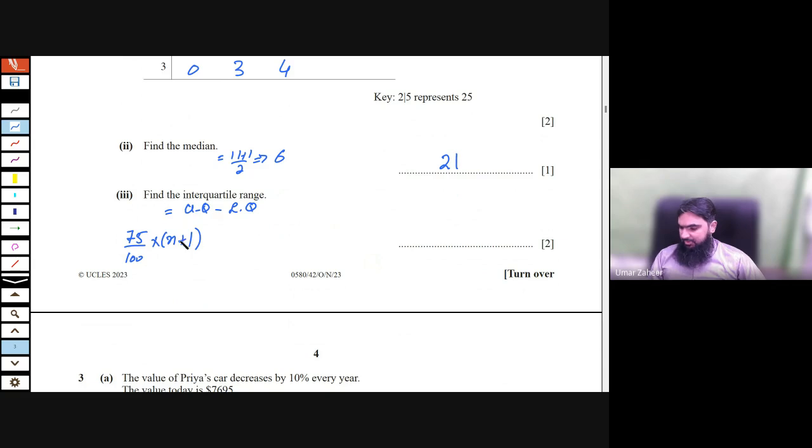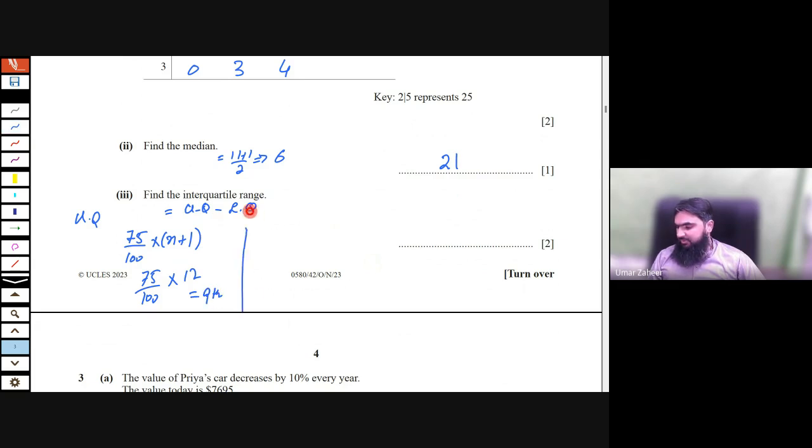We have to use the frequency times n plus 1 because it is an odd number. For the upper quartile, what will it be? 75 divided by 100 times 11 plus 1, which is 12. Simplify them, what do you get? Nine. So the ninth value.